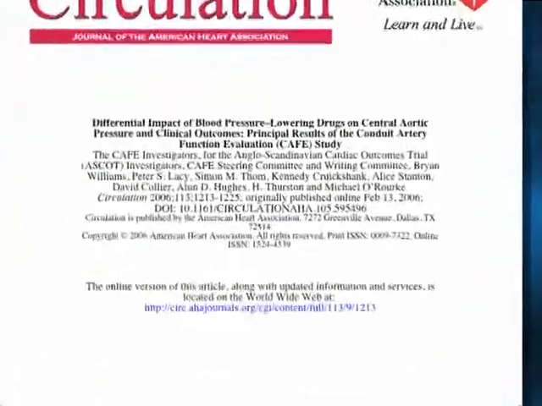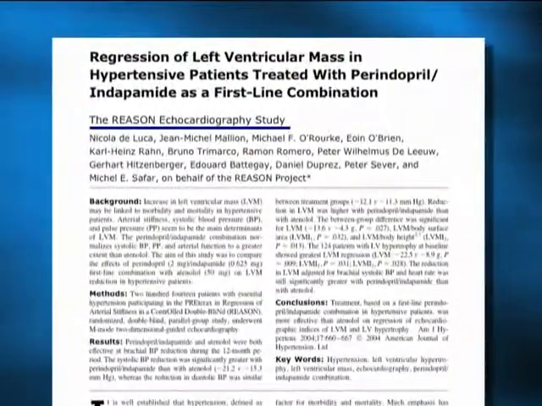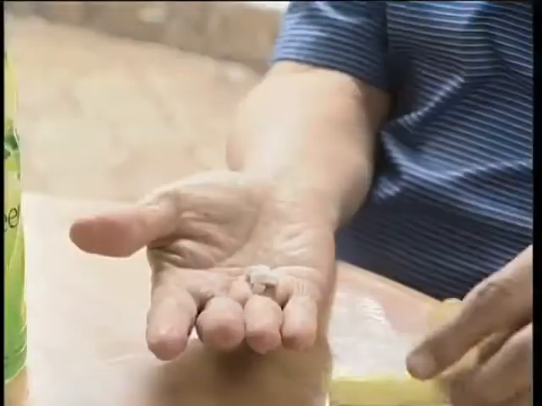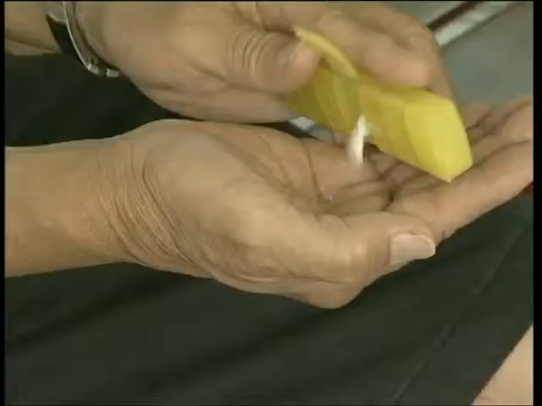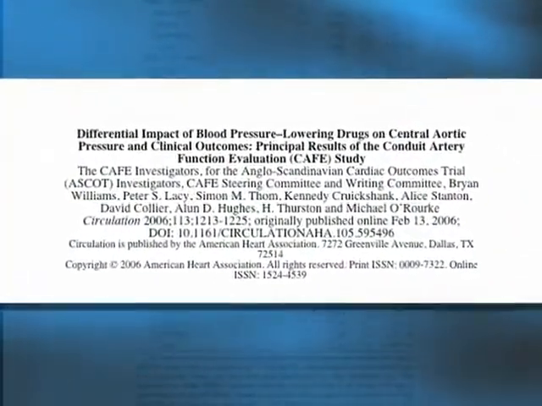There are big studies like the CAFE study and the REASON study. All these studies have shown that different drugs can affect the central pressure differently. For example, in the CAFE study, we have two groups of over 2,000 patients followed up for 5 years on the same blood pressure level.